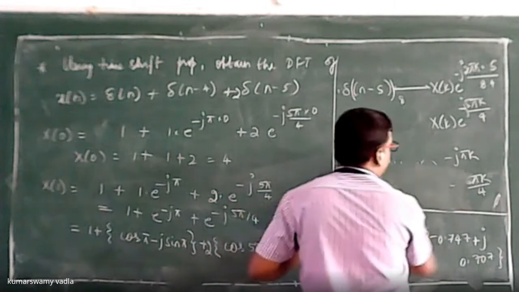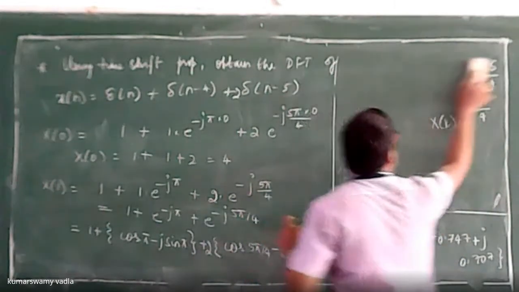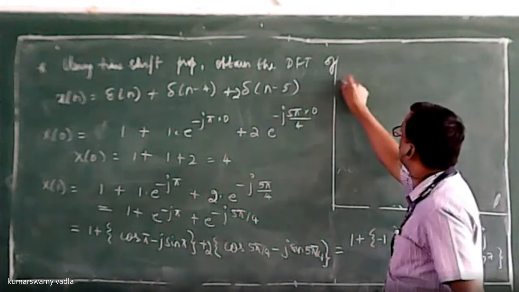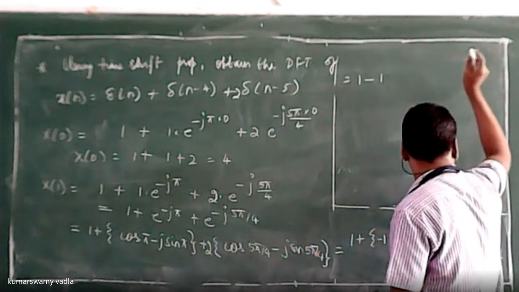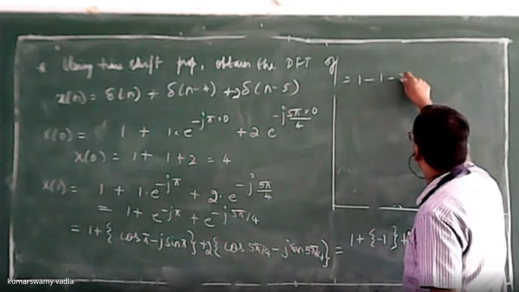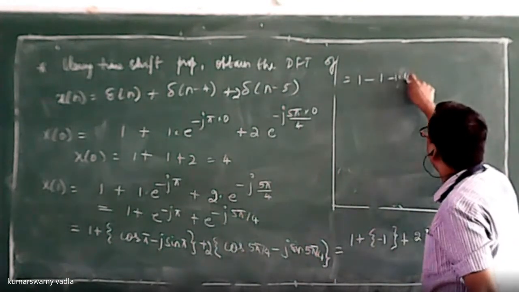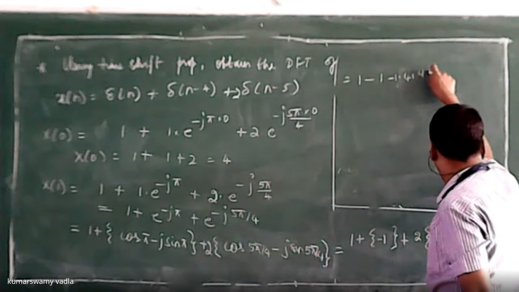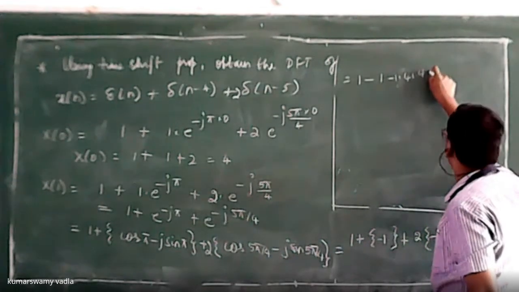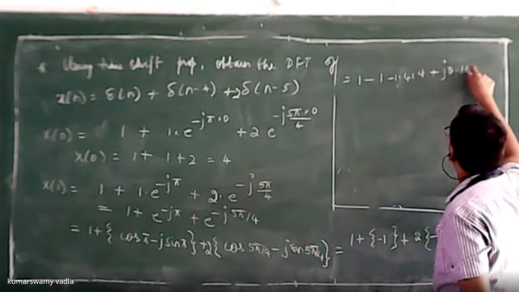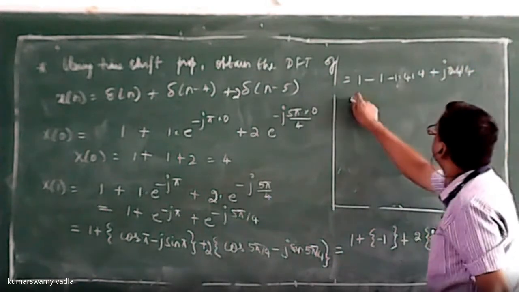Yes, sir. Okay, so what is the next step? 1 minus 1 minus 1.414 plus j 0.414. Yes or no, friends?